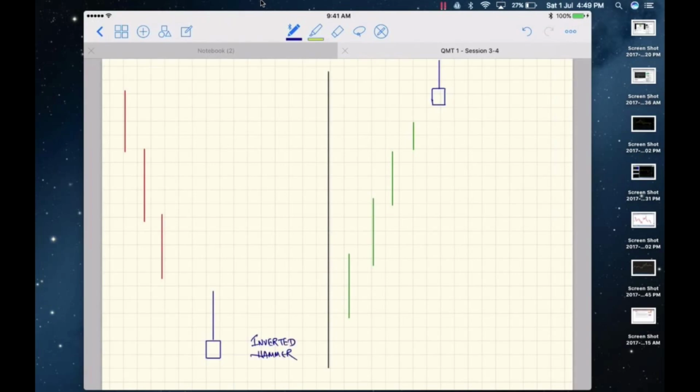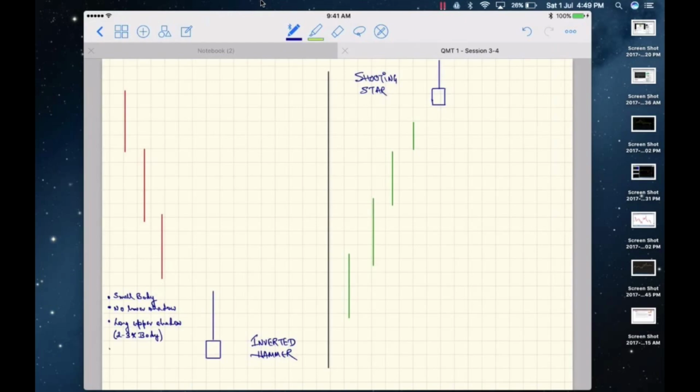When it comes after a rising market, we call them shooting star. It's just the mirror image of that of a hammer. It has a small body, it has no lower shadow, it has a long upper shadow, and by long, it has to be 2 to 3 times the size of the body.